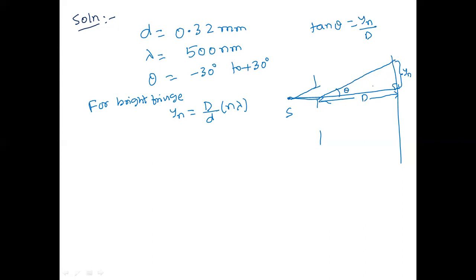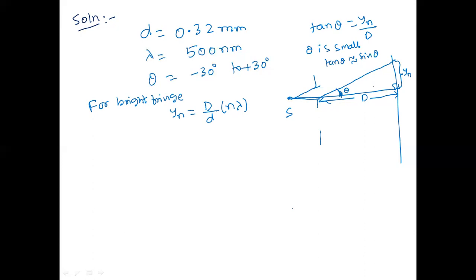Now, instead of tan theta, for low angles, tan theta is approximately equal to sin theta. When theta is small, tan theta is approximately equal to sin theta, right?